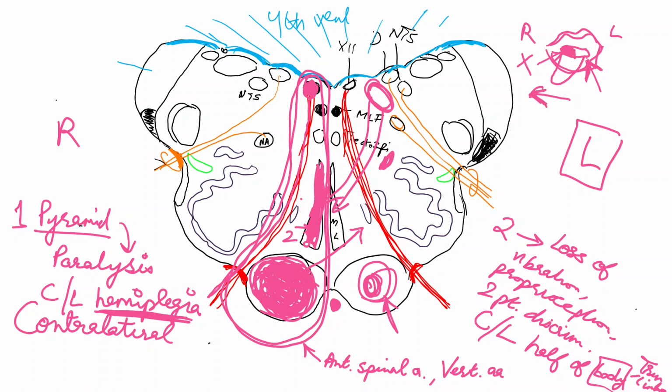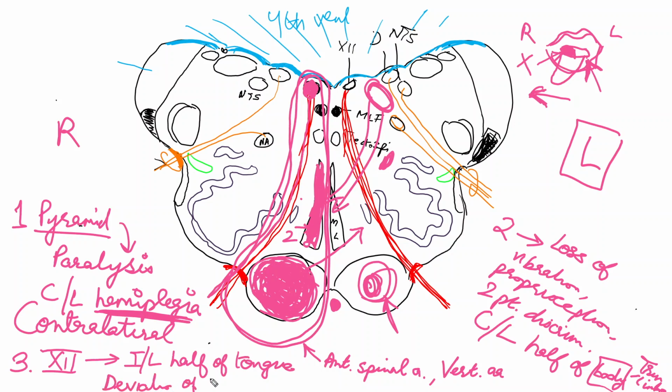That is why we say, because of involvement of hypoglossal nucleus, there is paralysis of ipsilateral half of the tongue, and there is deviation of tongue to the ipsilateral side on protrusion.